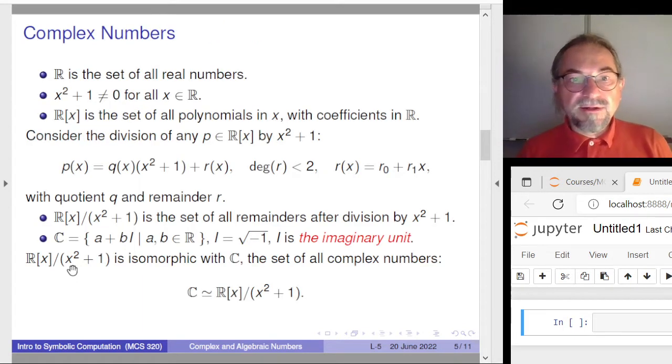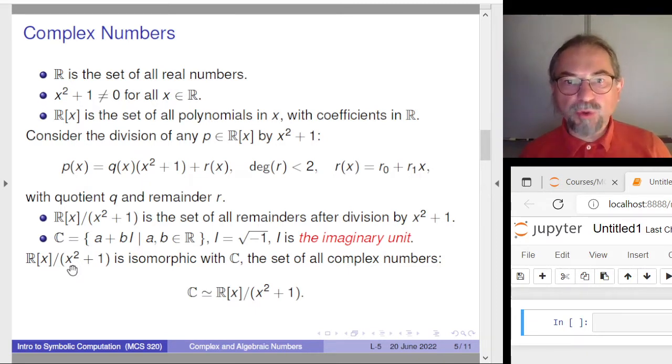We can consider any polynomial with real coefficients and divide by x squared plus 1. So if we execute a long division on this polynomial p here, then we have a quotient and a remainder.